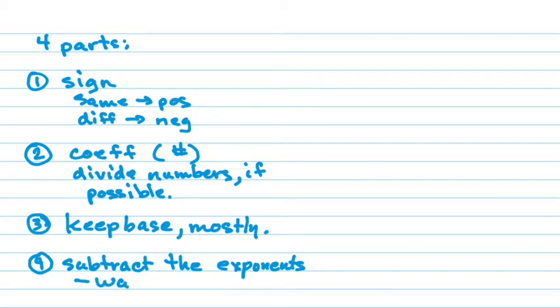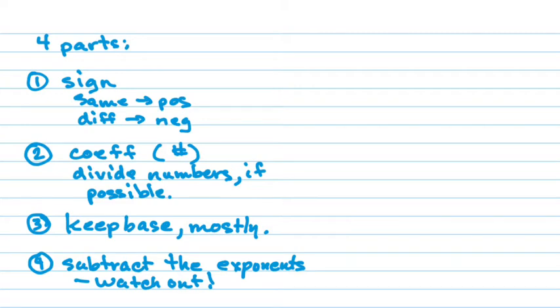So, when you subtract these exponents, you need to watch out. And we're going to talk about what I mean by that first, right off the bat. Because that's the only thing. The sign, big deal. The coefficient, big deal. But it's the exponents, when you subtract them, that can cause you trouble. Okay? So that's what we want to talk about first.